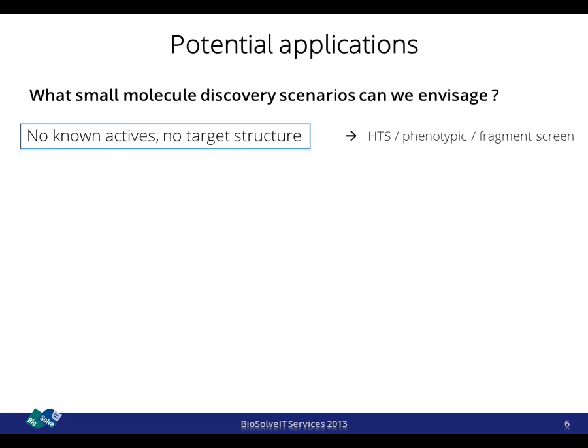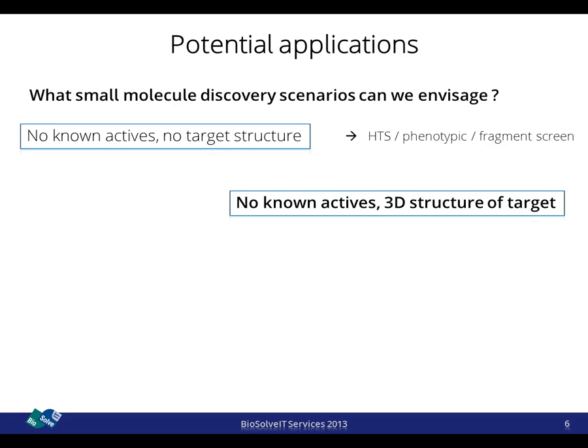In that kind of situation, what you're probably going to start with is just a physical screening campaign. However, you may find yourself in a situation where you have a 3D structure of your target, but again, no known actives. And in that scenario, what you might envisage doing is some kind of virtual screening exercise.